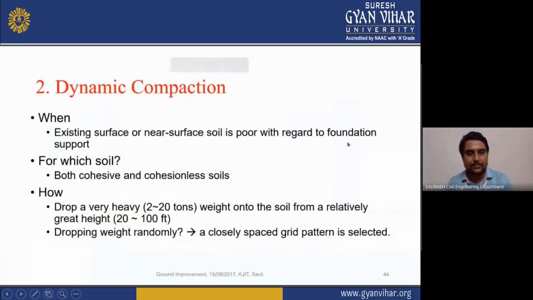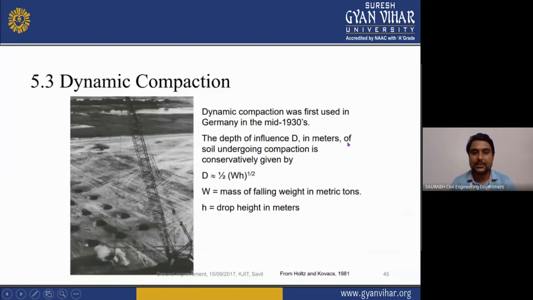Here is dynamic compaction. When the existing surface or near surface of soil is poor with regard to foundation, then we have to do dynamic compaction. For which soil? Both cohesive and cohesionless soil. For both we can do dynamic compaction. As you can see here, this is the image of dynamic compaction.